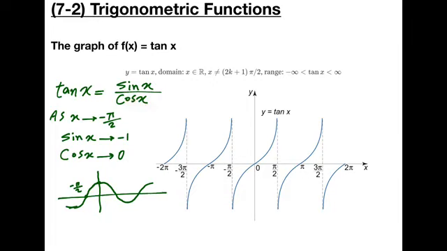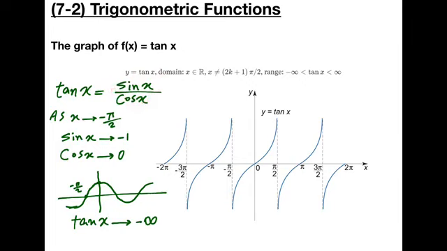And that means that tangent of x approaches negative infinity, right? The whole fraction becomes very large, but with negative signs. The numerator is a finite number, the denominator is getting smaller and smaller, so the whole fraction becomes very, very large, but with negative values.